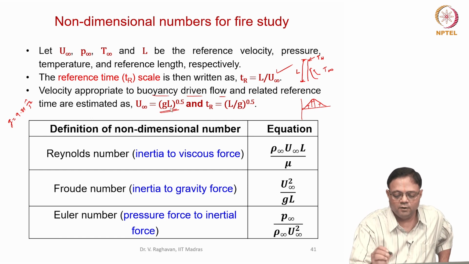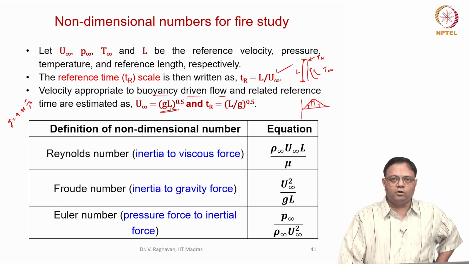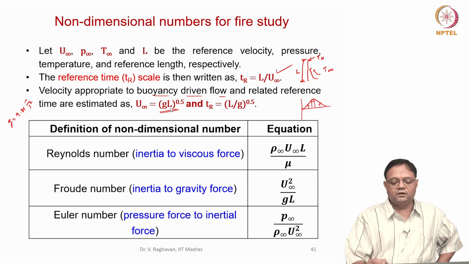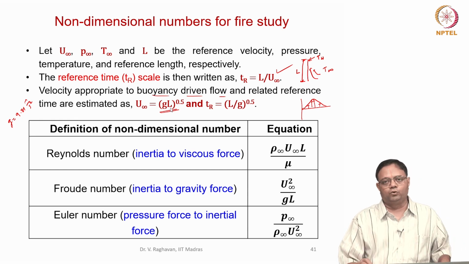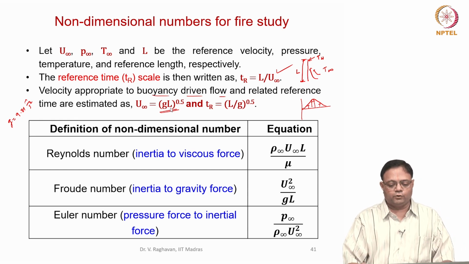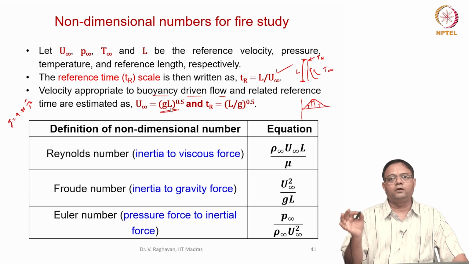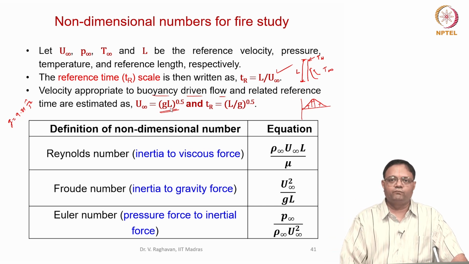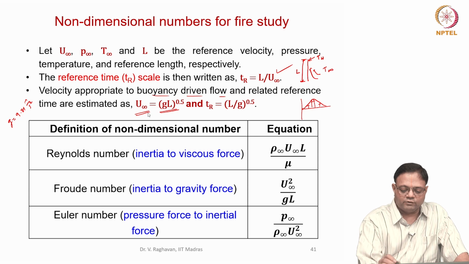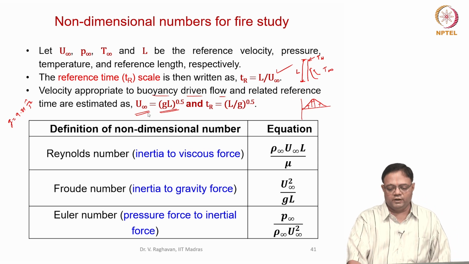So this product, under root GL, has the unit of velocity, and this is the typical magnitude, not the exact magnitude, of the flow induced during a buoyancy driven flow. That average velocity can be taken as U infinity.